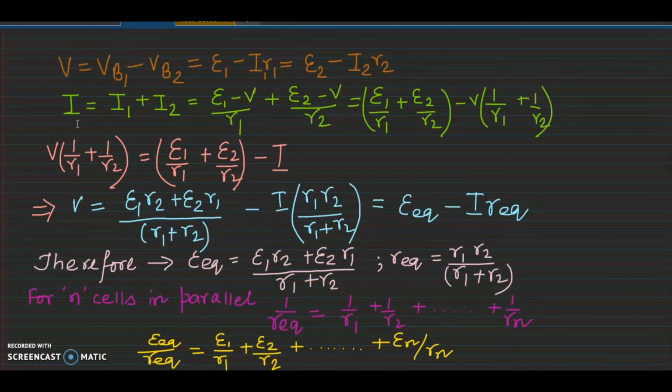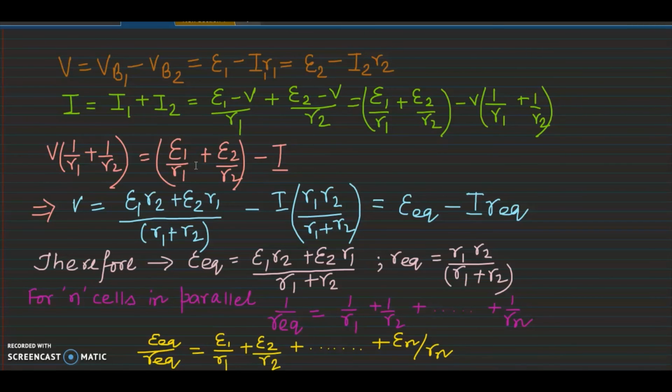The main principle is that the currents add up: I is equal to I1 plus I2. If I substitute I1 in terms of epsilon 1 and V, it becomes epsilon 1 minus V by R1, and similarly I2 is epsilon 2 minus V by R2. If I collect it together, it becomes epsilon 1 by R1 plus epsilon 2 by R2 minus V times 1 by R1 plus 1 by R2.